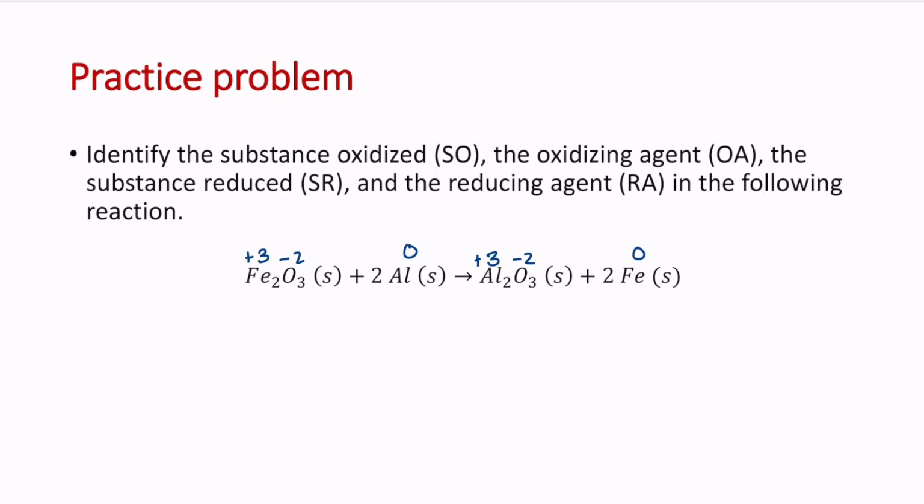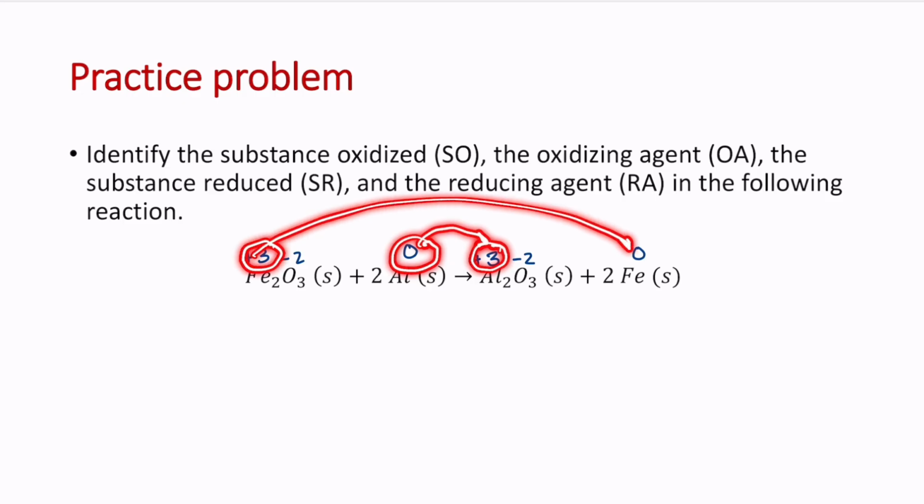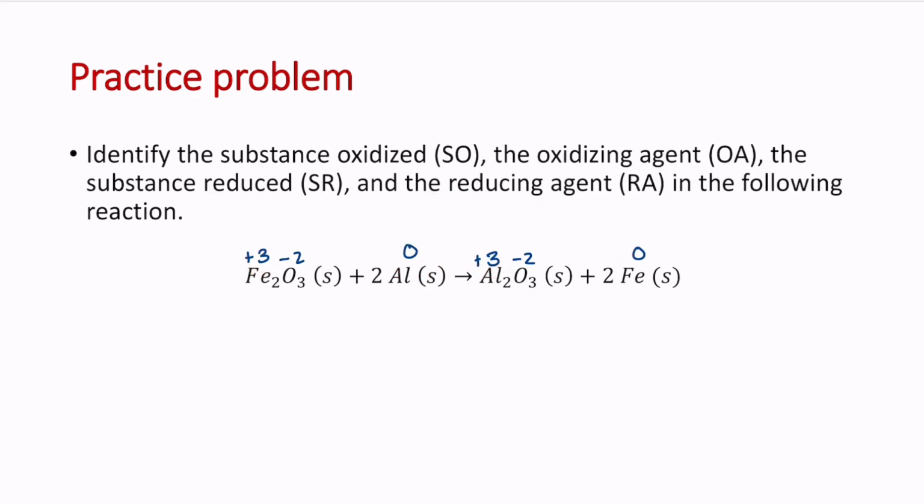So I want you to notice that the oxidation of aluminum changes from 0 to +3. And the oxidation number of iron goes from +3 to 0. So I have two elements that are changing oxidation numbers, and oxygen stays the same.